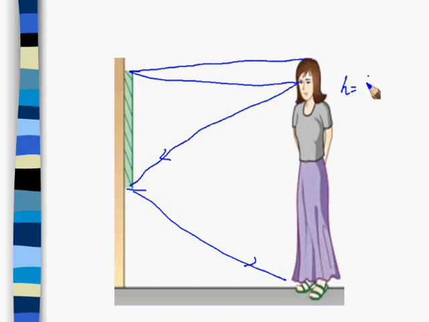So the size of the mirror needed for the full view of a person, the length of the mirror, should be half of the person's height.